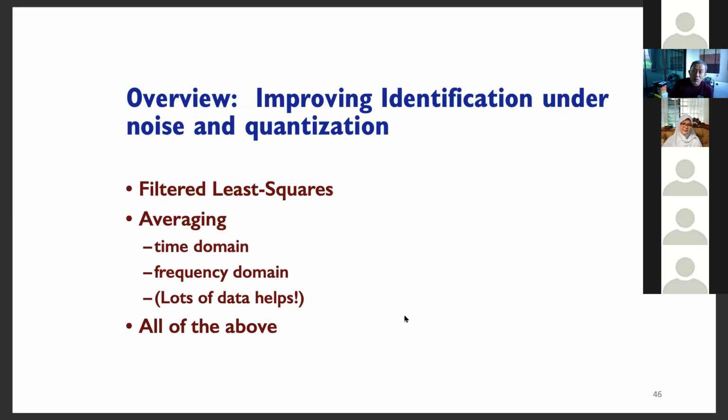So one way to improve the identification under noise and quantization is to use a filtered least square. So we have to do another step of calculations besides simple least square. We apply some filtering and averaging, in the time domain and frequency domain, and lots of data will help, of course.